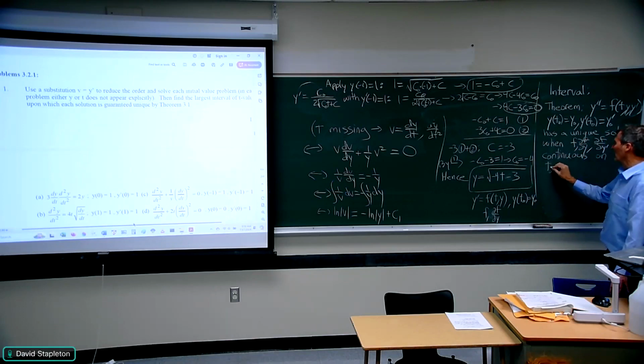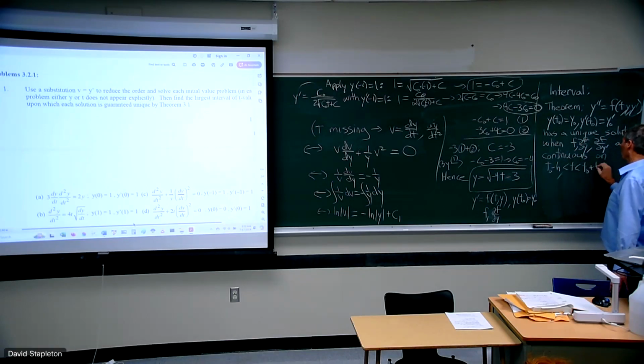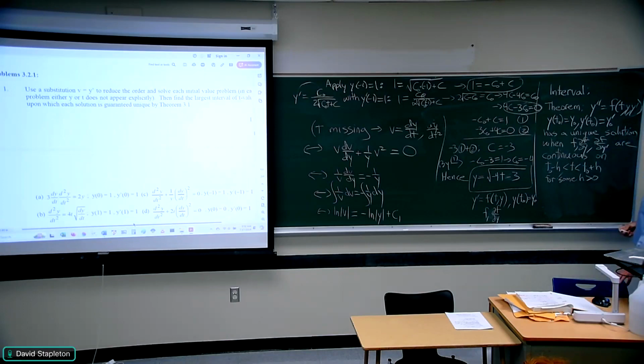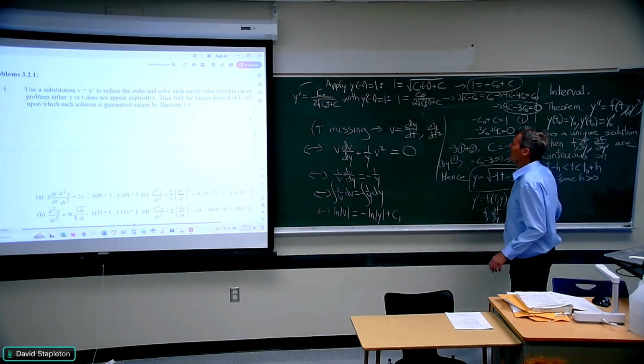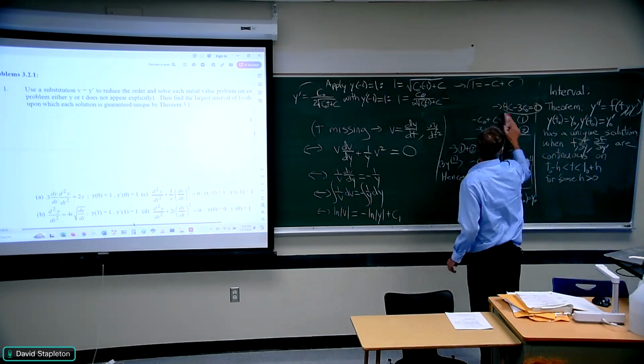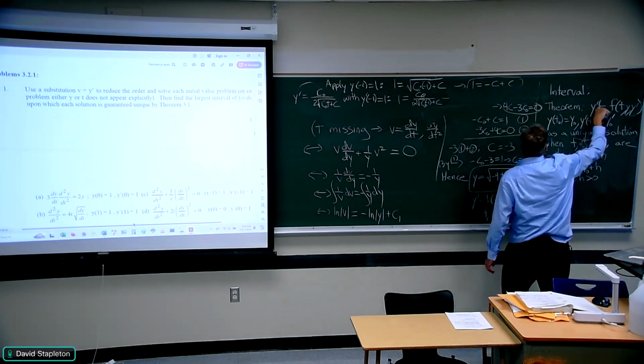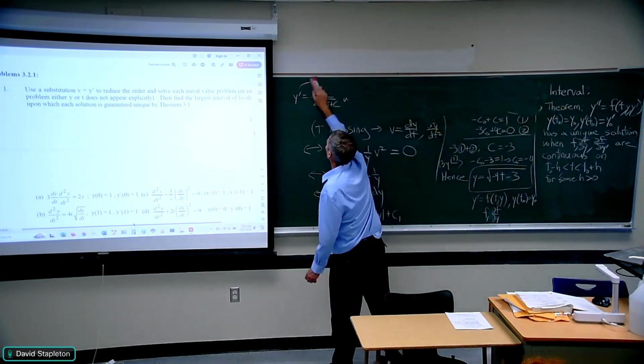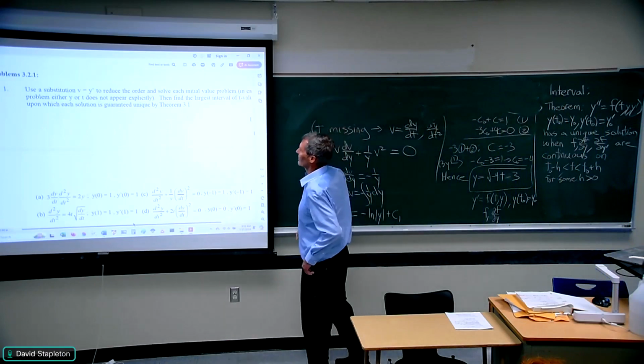On t0 minus h less than t less than t0 plus h for some h greater than 0, provided these partial derivatives are also continuous. So that's what we have to do here, is show that f, df/dy, and df/dy prime, when you put the equation in the so-called normal form with the highest derivative on the left, that those partial derivatives are continuous in some interval, then you'll know there's some interval in which this has a unique solution.